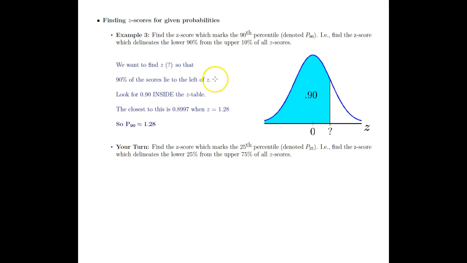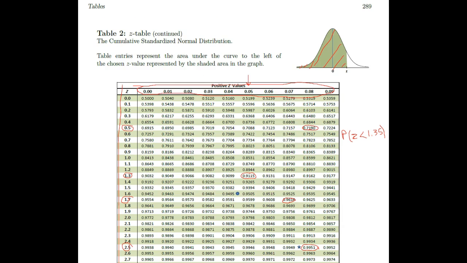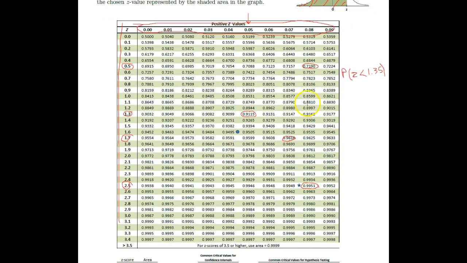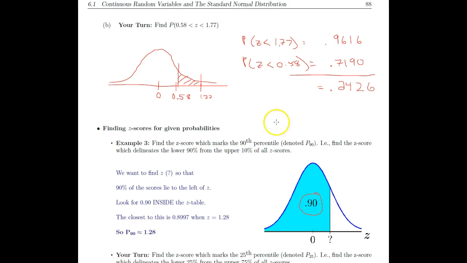All right, so we're given this 0.90, which is our probability, or our area. Now, when we looked at our table, that 0.90 is actually something inside here. It's not one of our z-scores, it's one of these numbers inside. So what we basically have to do is go fishing for it.